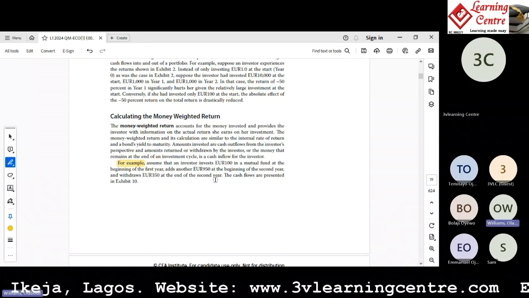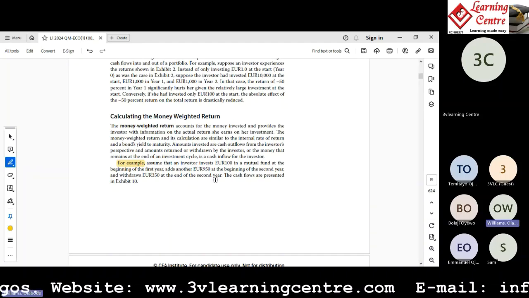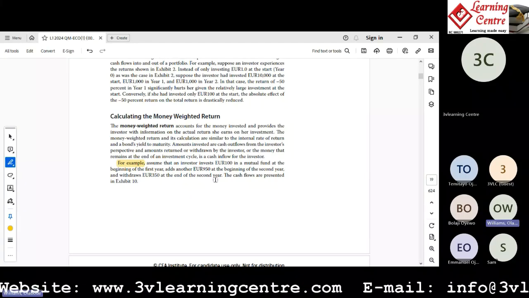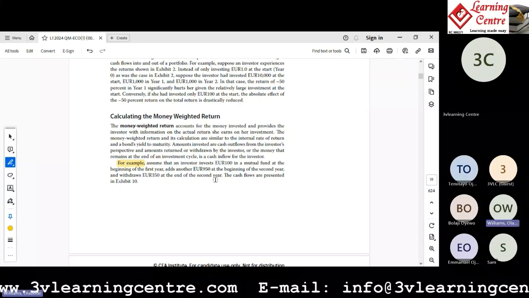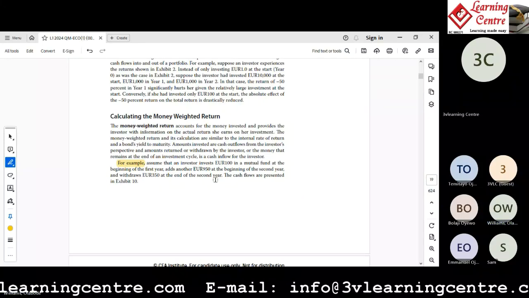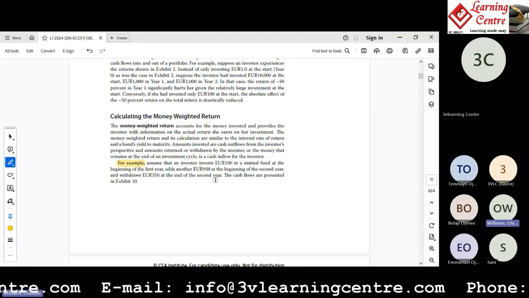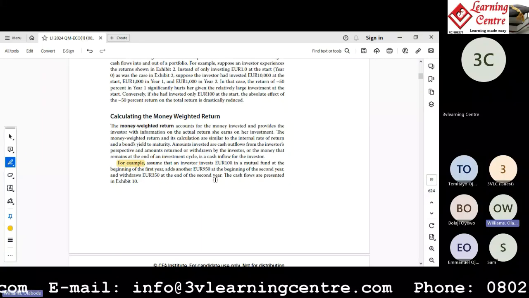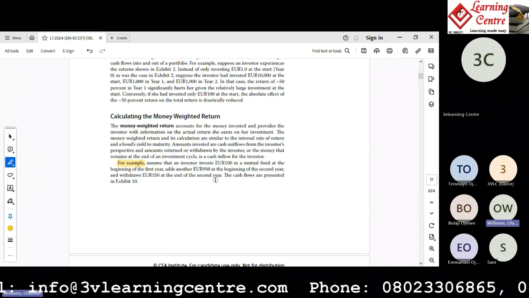Now, why do we do this? Or why is this set up this way? It is set up this way so that time value of money can make sense. And if you've done time value of money, you would notice that there's annuity due and normal annuity, and all of that. Now, the essence is this.